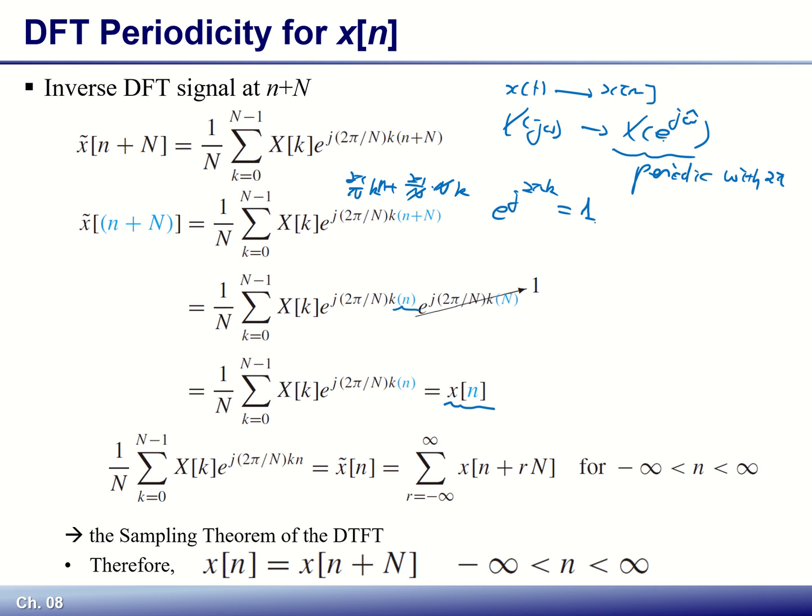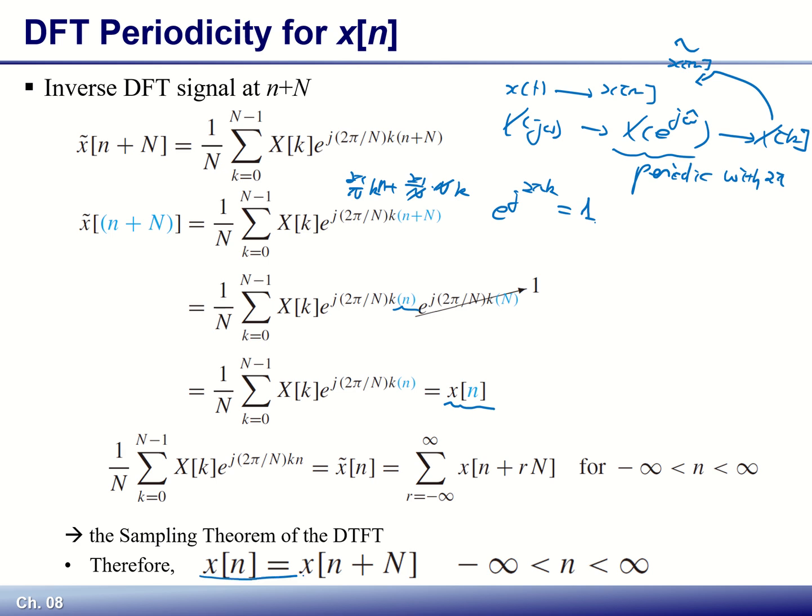Similarly, here is the sampling: sampled X[k], then going to the time domain, x tilde[n] will be periodic with N, like this.